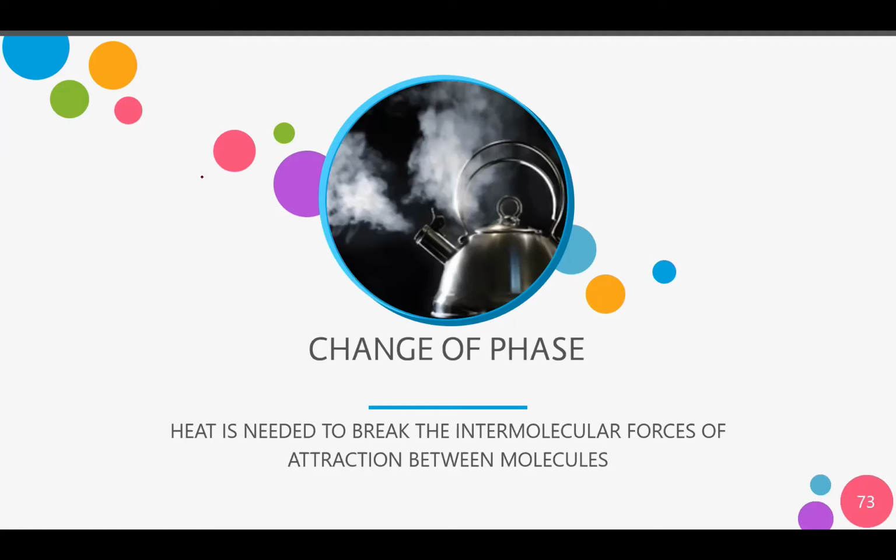So for the change of phase, for example, let's have an ice which has an initial temperature of 23 degrees Celsius. So that is the temperature of the ice when it is in the freezer. Assuming that is the temperature of the ice while it is in the freezer.